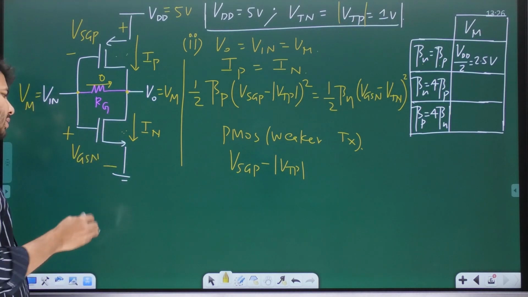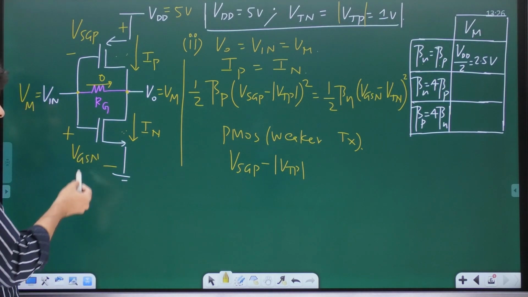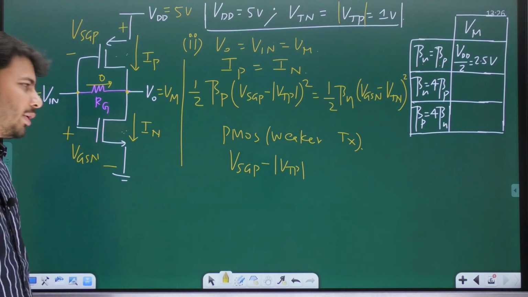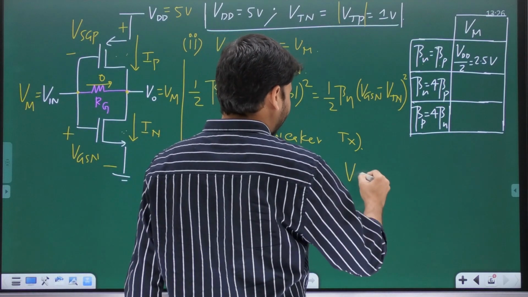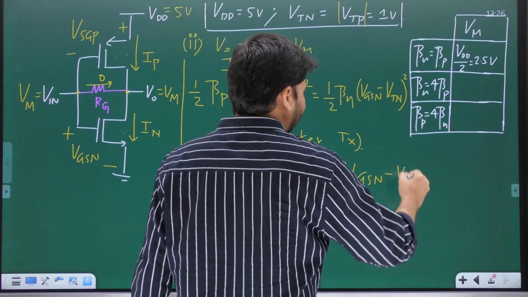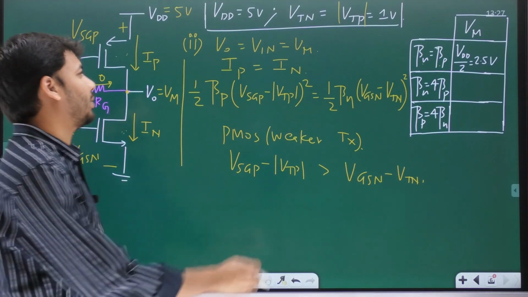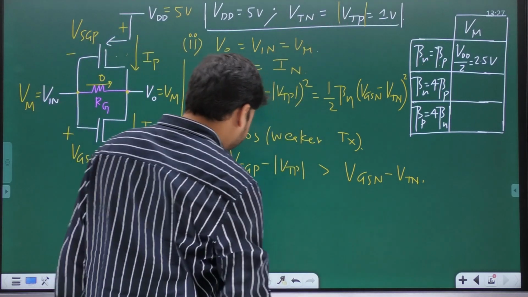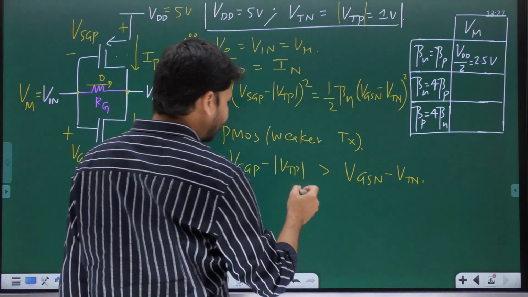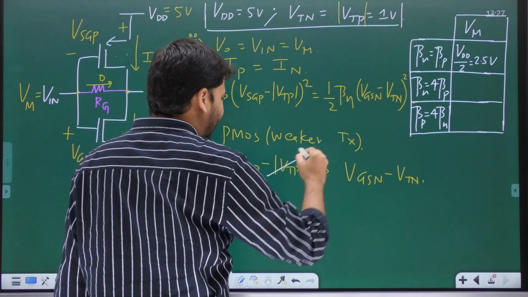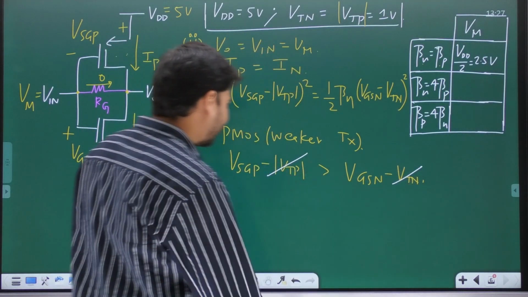For the NMOS transistor, the overdrive voltage is VGSN minus VTN. So it should be greater than VGSN minus VTN. For the values given for this circuit, VTN and mod VTP are identical and equal to 1, so on both sides, mod VTP and VTN cancel out.